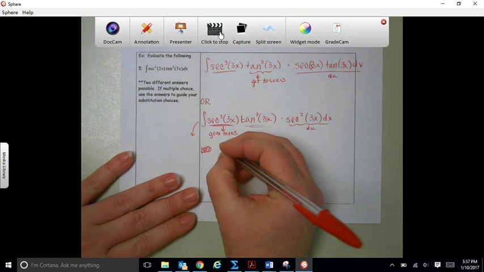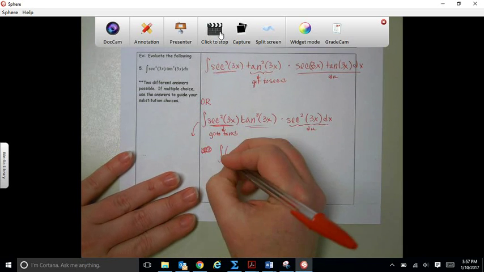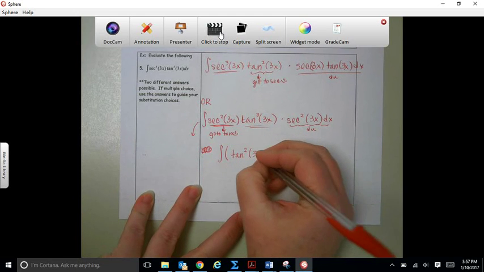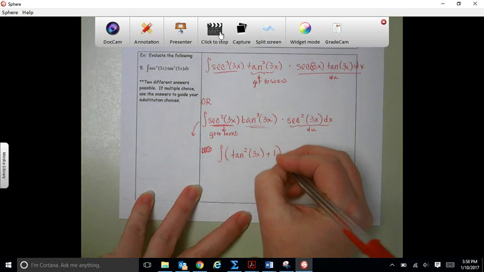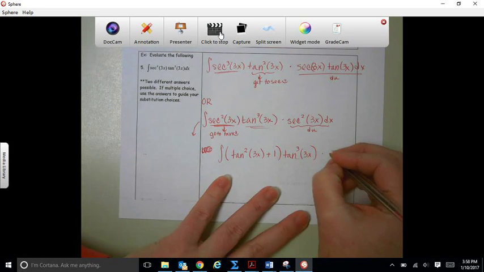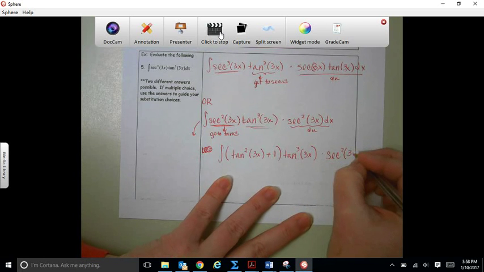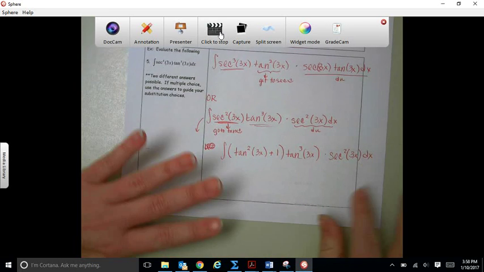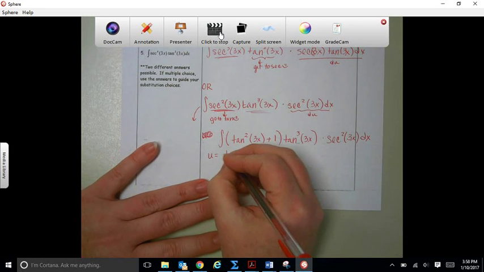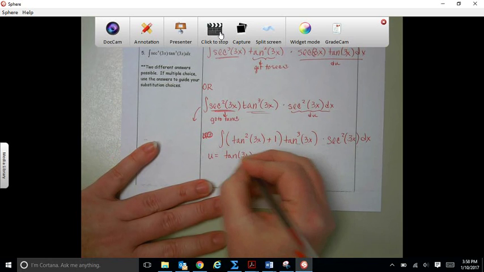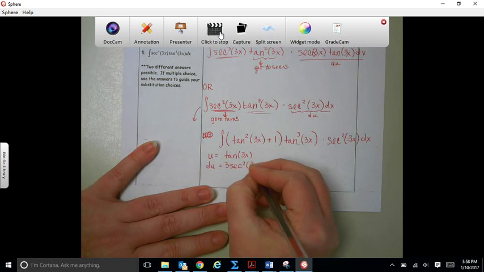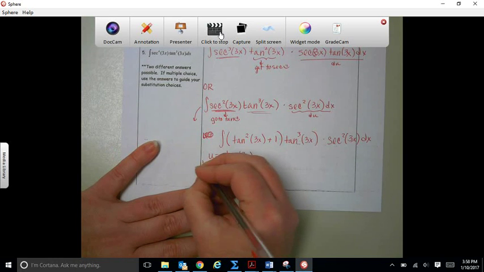Oops. Silly 3x. I keep wanting to forget it. So now my u, my du, so take that 3 to that other side to be 1/3.